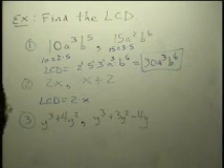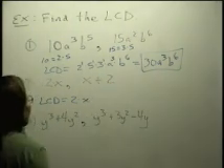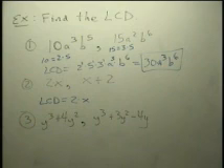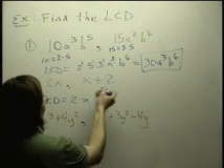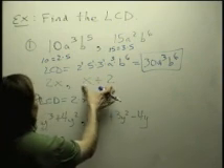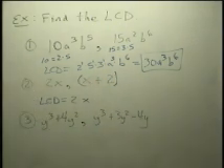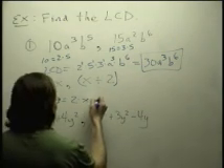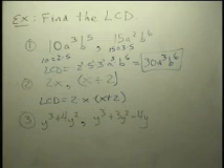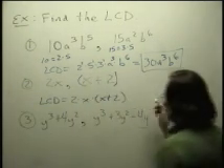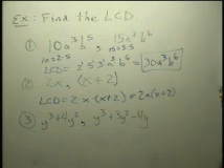No. And the reason is because these are added. X and 2 are not factors. To be factors, they have to be multiplied. So that means when I put them together like this, x plus 2, the entire thing is one factor. So my least common denominator is going to be 2x times x plus 2.